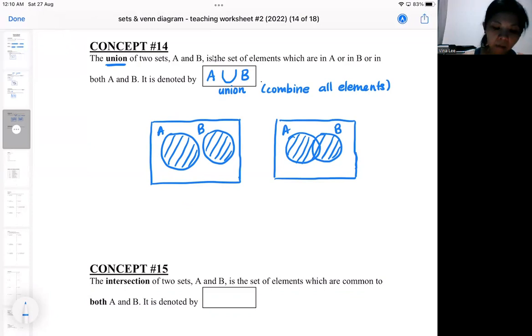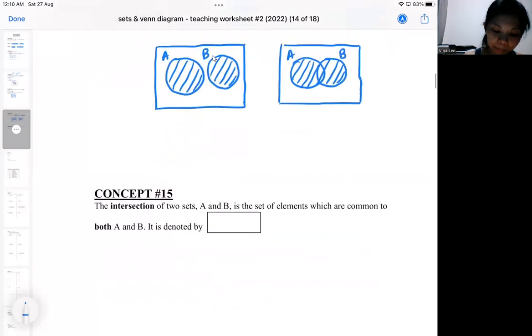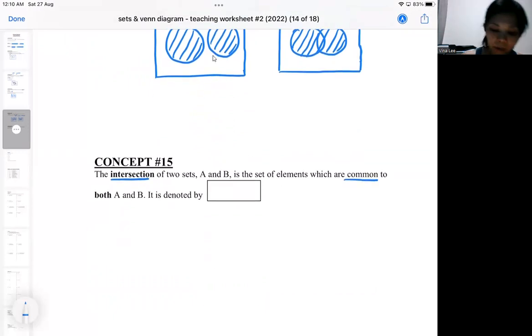Now the next one is the intersection. Intersections are the common elements, so they are the overlap elements. The intersection symbol is like a letter N. This one is the common elements, or what we call the elements that overlap.